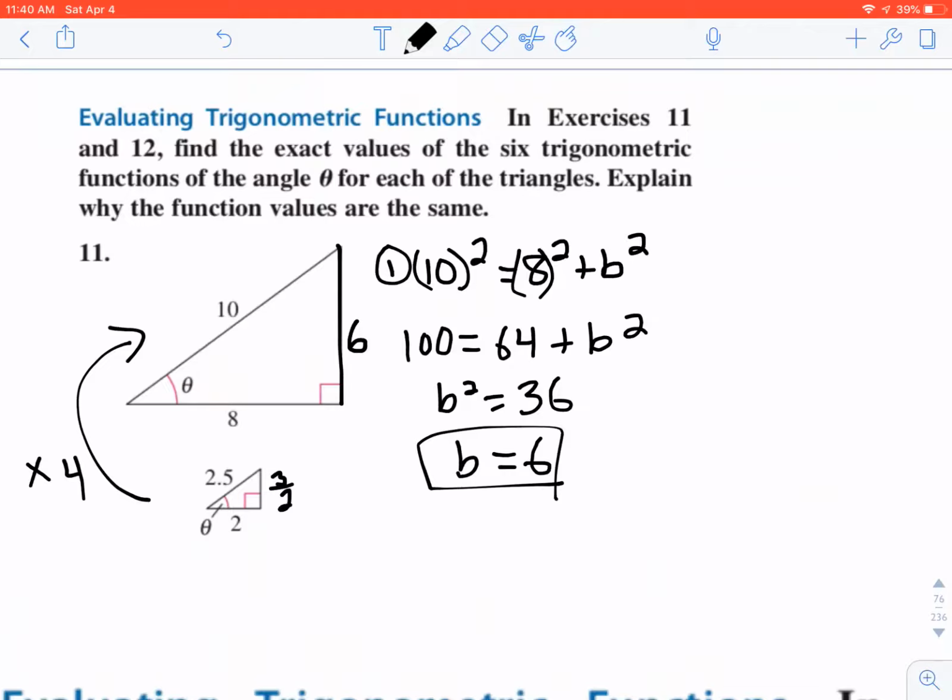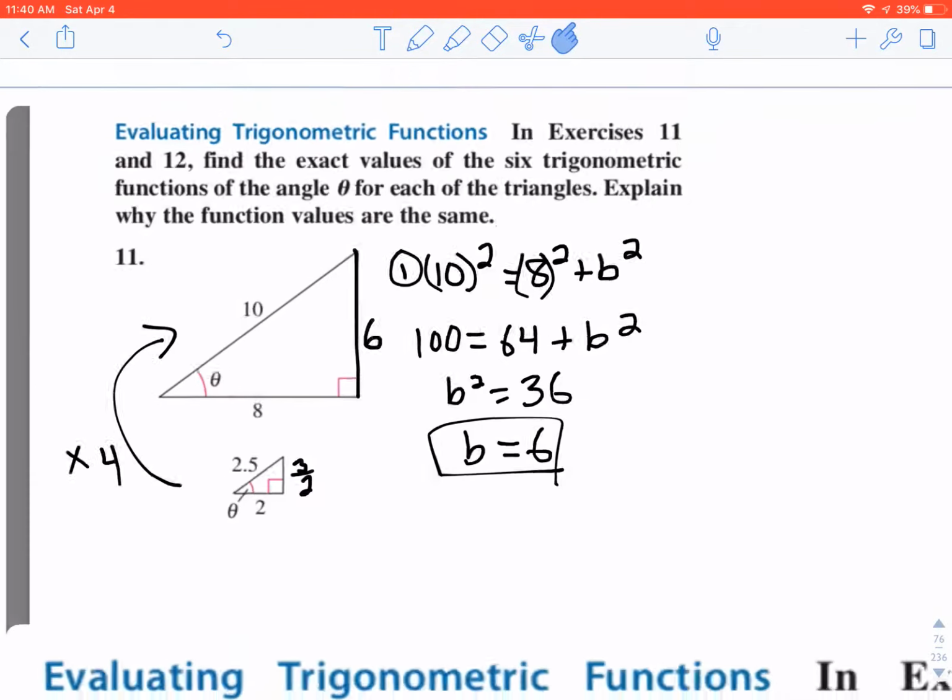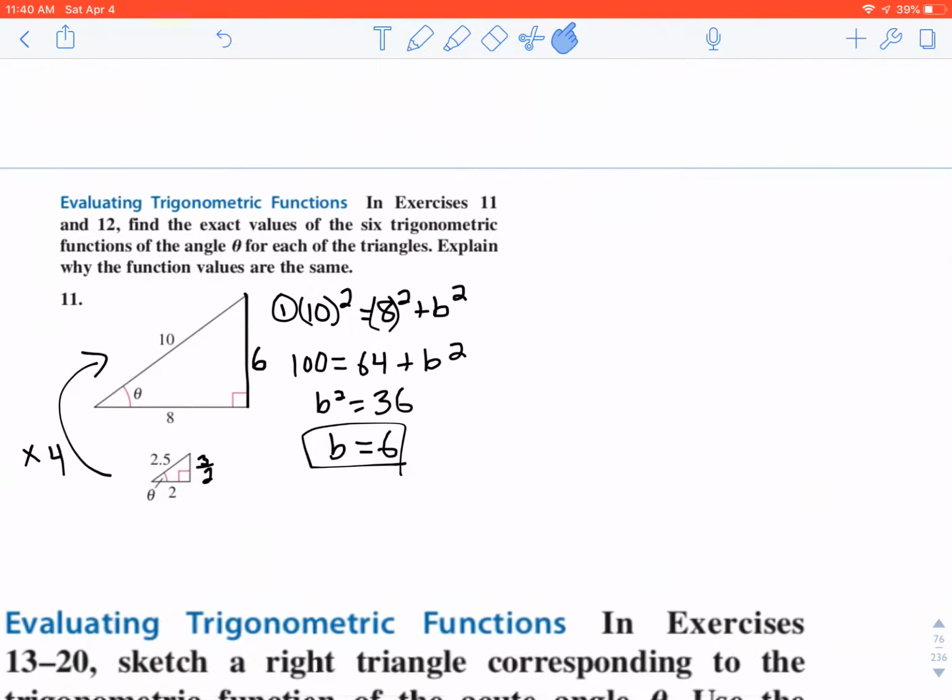So again, if we were to set up all 6 trig ratios for the big one and the small one, they reduce to be the exact same fraction. Any set of triangles that are similar, their sides are always going to be proportional. They are going to reduce to the same fraction. So if you did set those up for the small one, the solutions are the same as I'm going to list for the bigger one here.